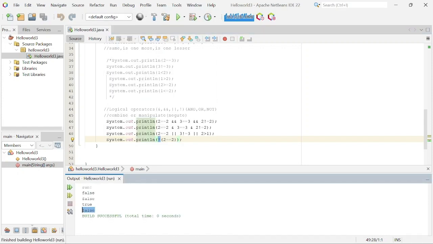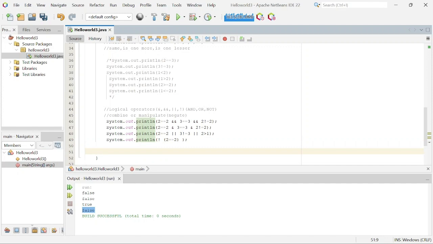So you have to use the parentheses here. You need to give the brackets here and here, so that you will get the value here, and then that thing will be negated by this exclamation point.